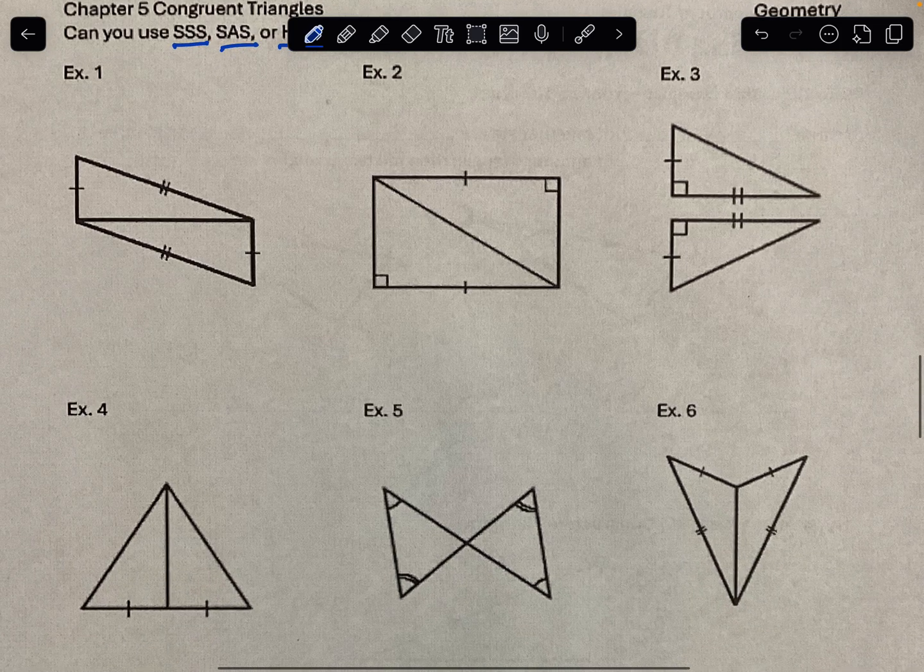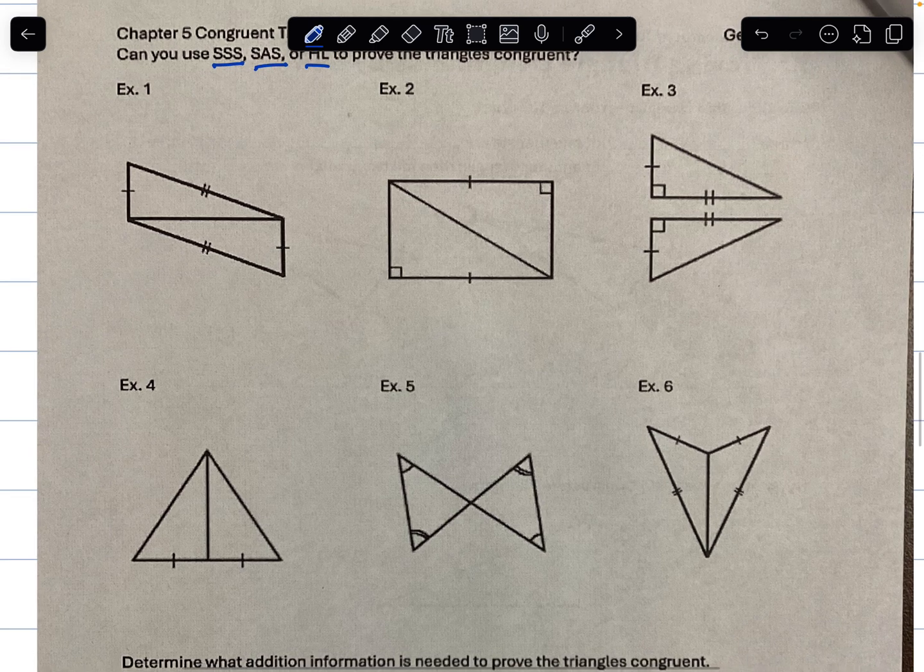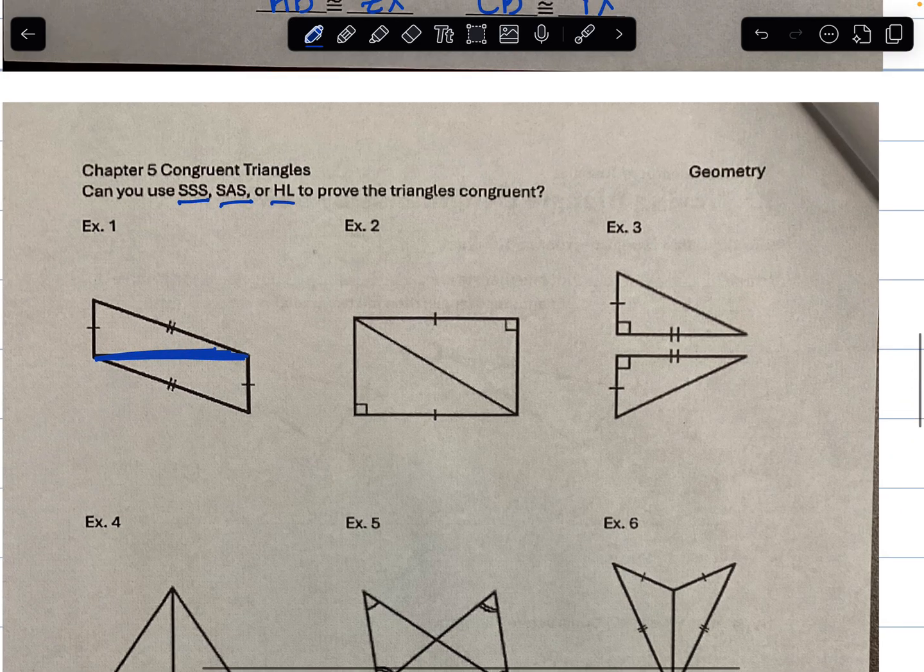Now, on these 6 examples, are there things that are congruent that are not marked? Tell me what types of things. The line in the middle. Yeah. You don't even have to give me the exact name, just like this right here. Those two triangles do what? They share that side. So we need to mark shared sides.